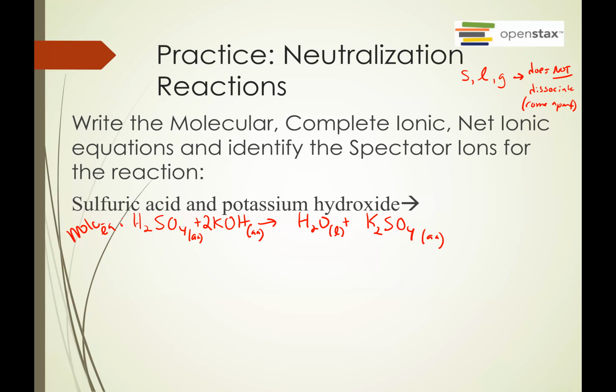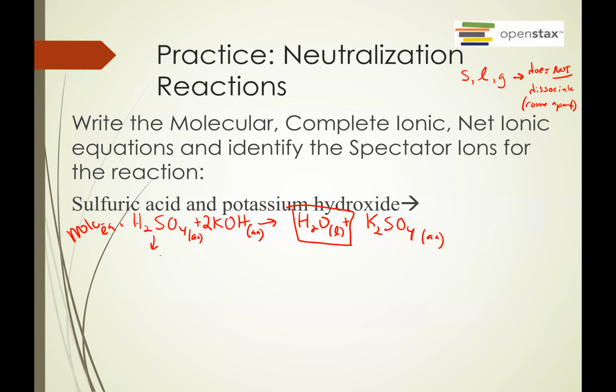Now we need to break everything up into ions. We don't break up solids, liquids, and gases. So are we going to break up water? No. Break everything up but water.